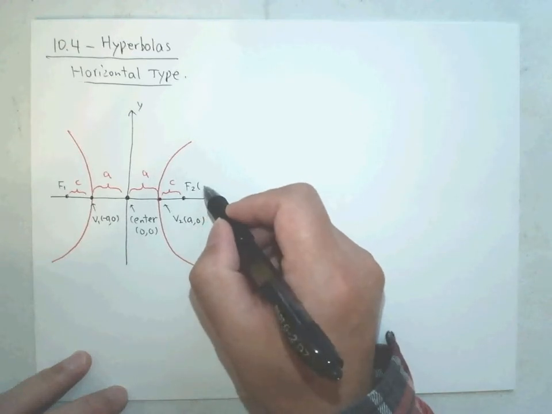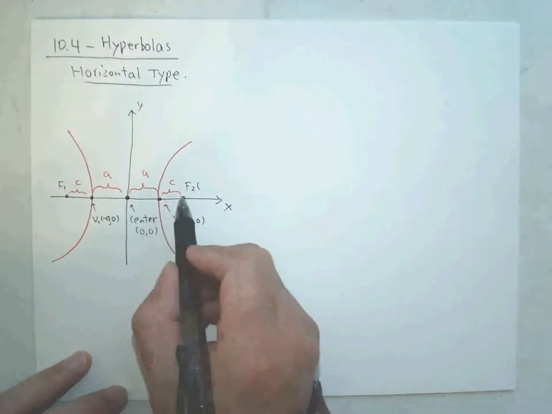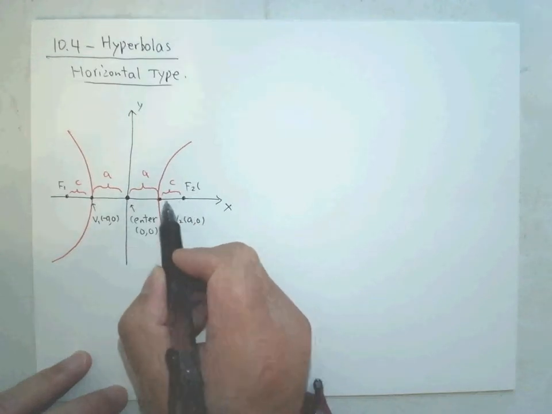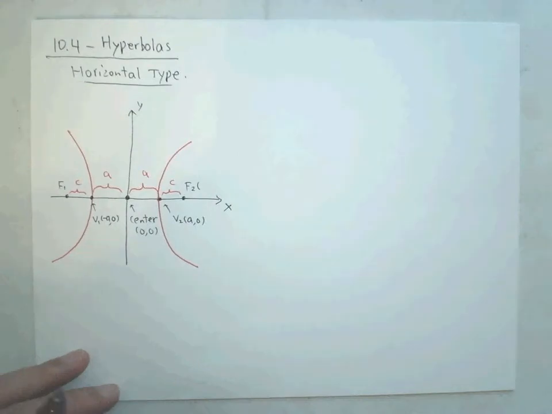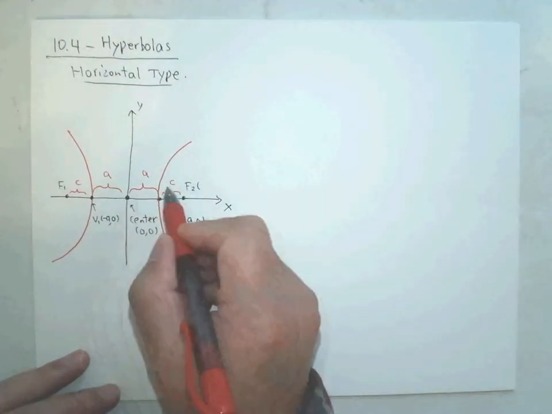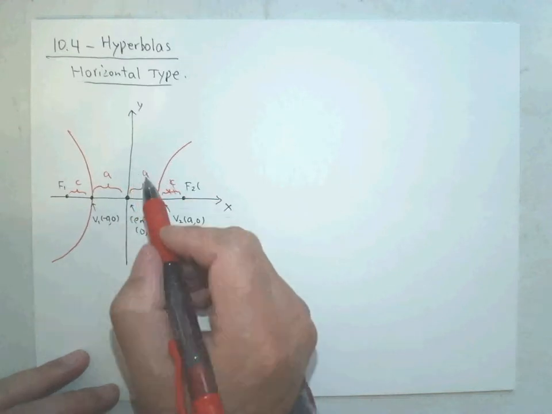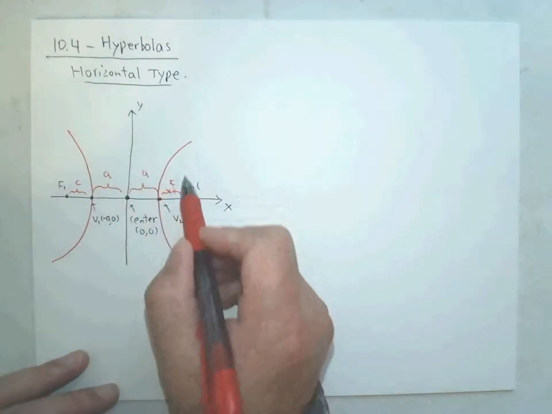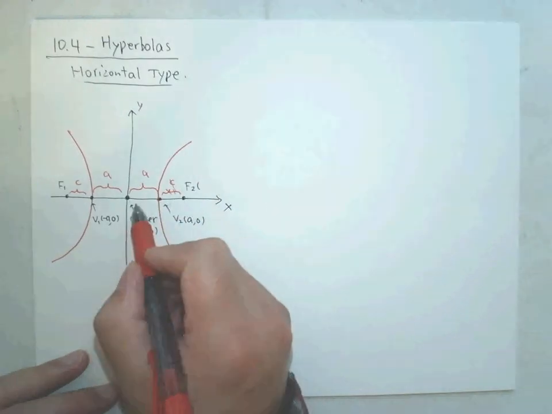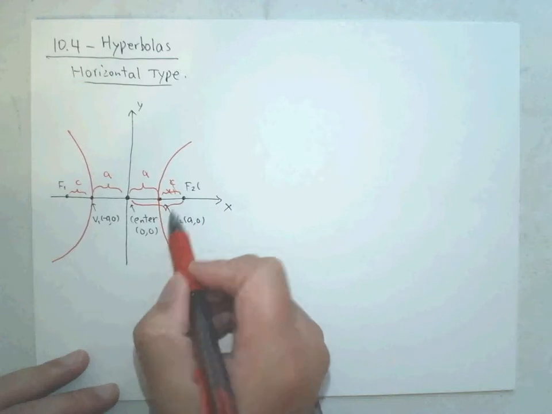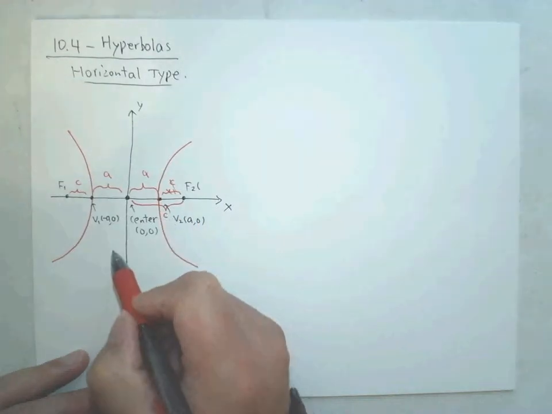The distance from the center to the focus is c.